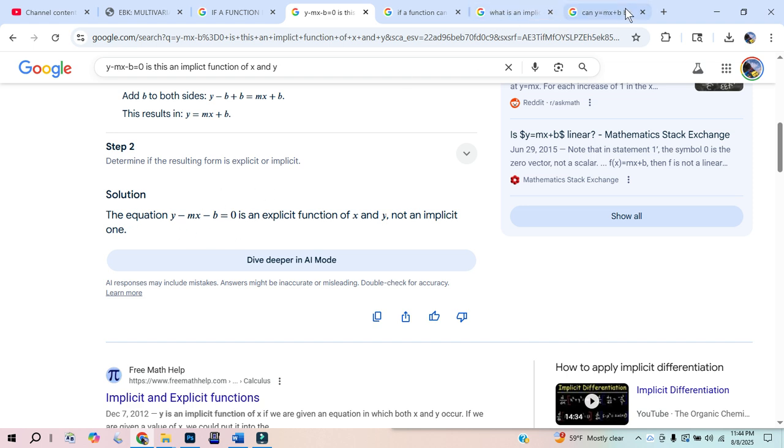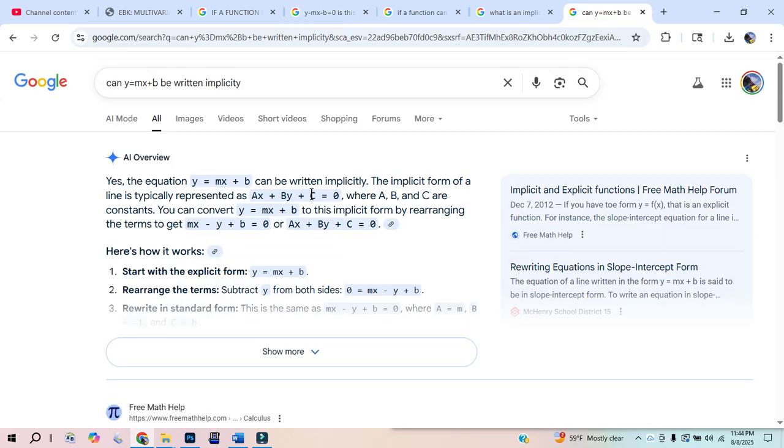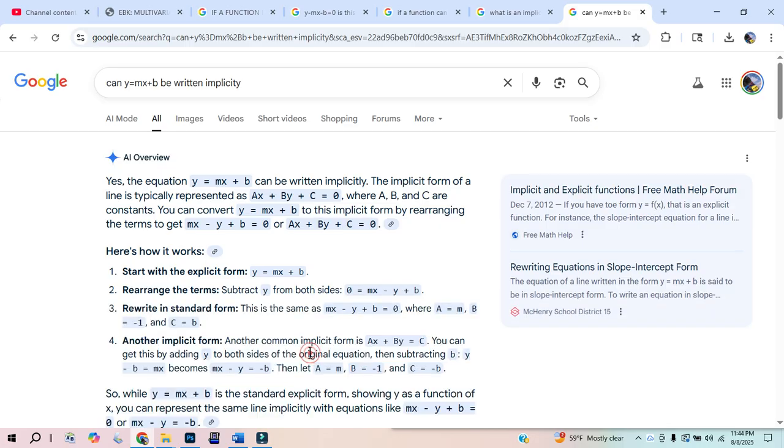Sometimes Google AI gets it wrong. The implicit form is written like this: ax plus by plus c. So there you go. by is 1, ax is going to be negative mx, and c is going to be negative b. And so, hell yeah.